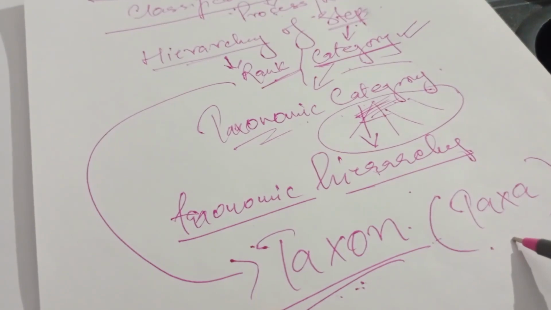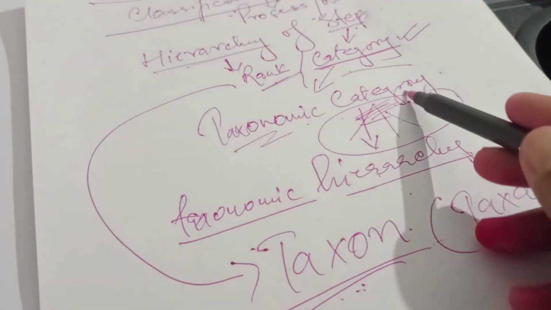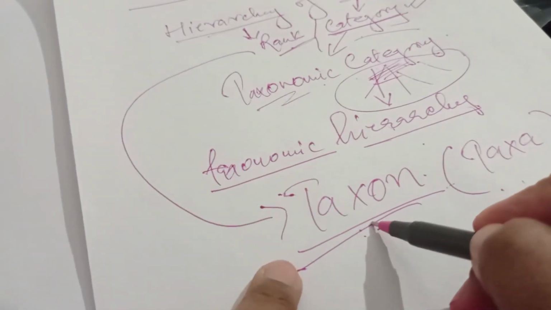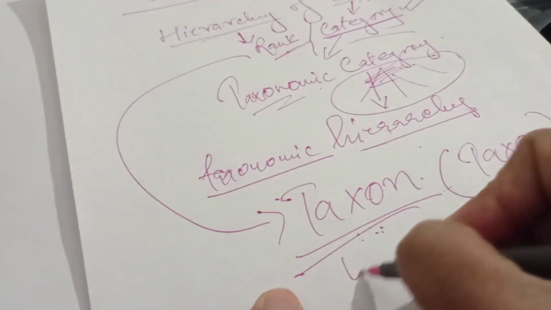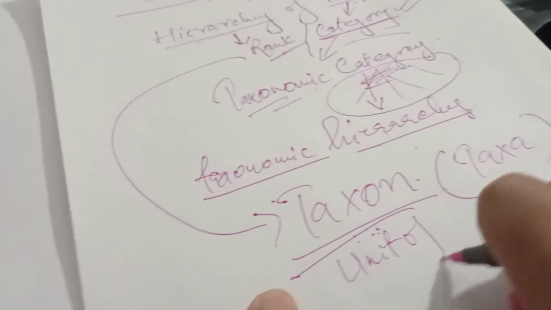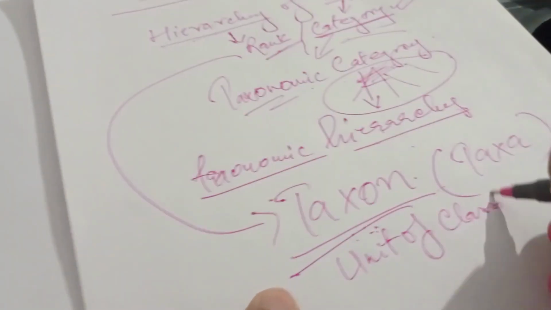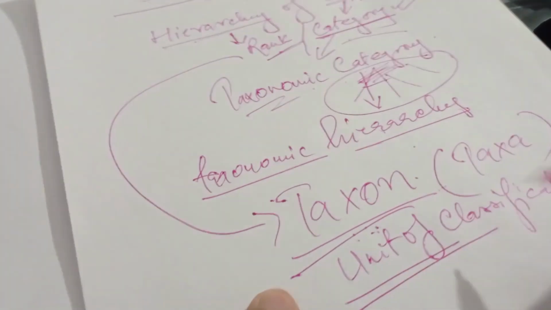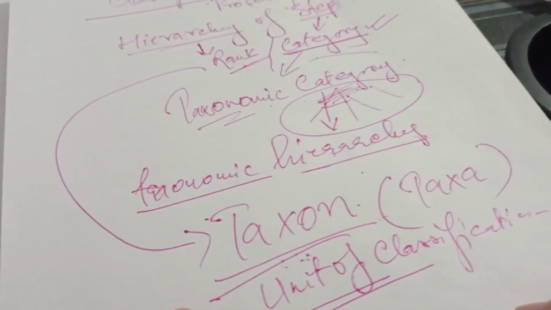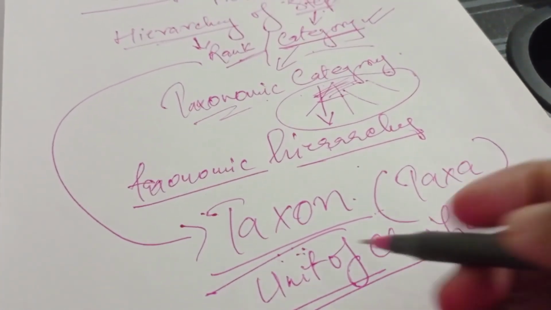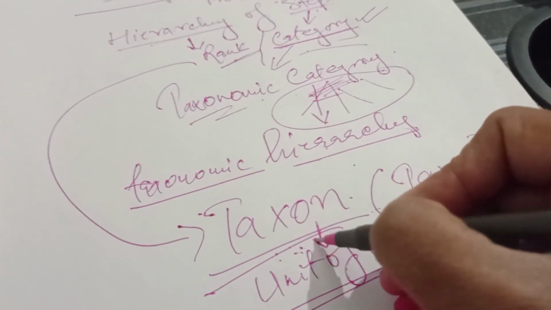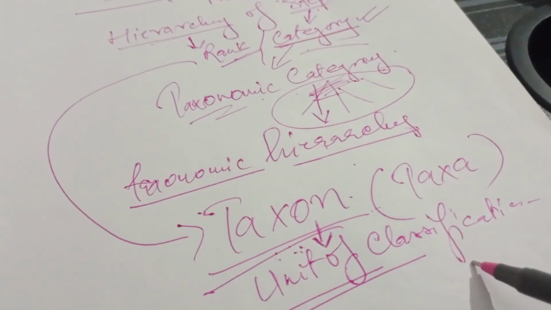So each category, each rank, each taxon is the unit of classification. So what is the unit of taxonomic classification of living organisms? Each taxon, each category, is known as the unit of classification.